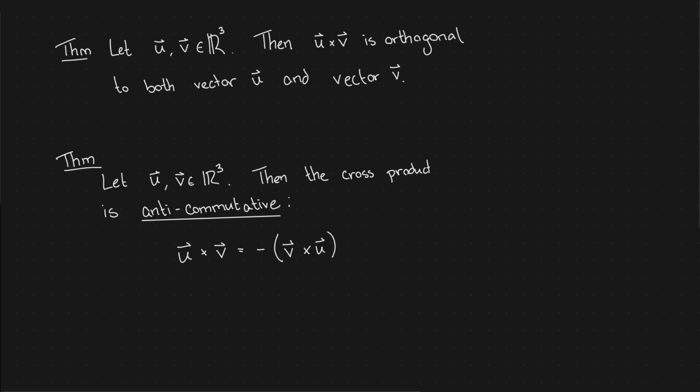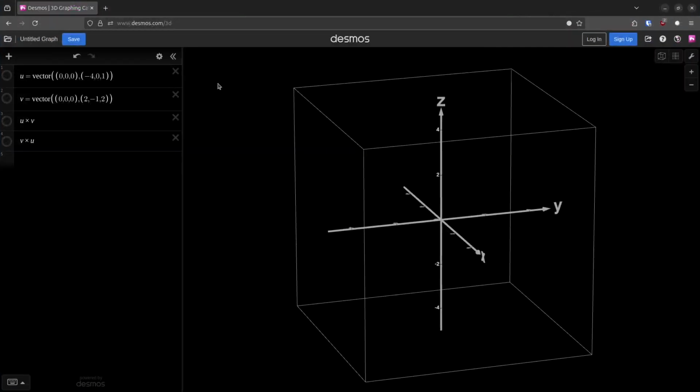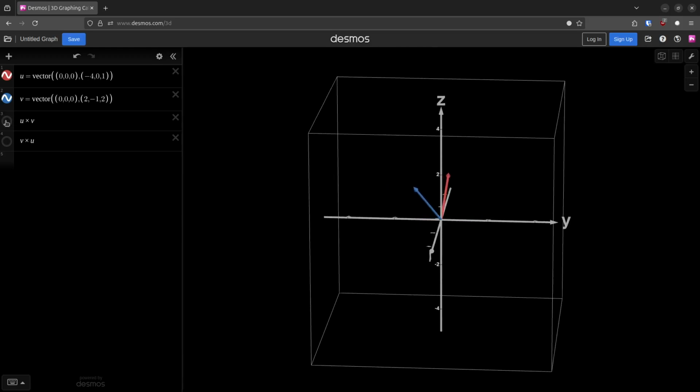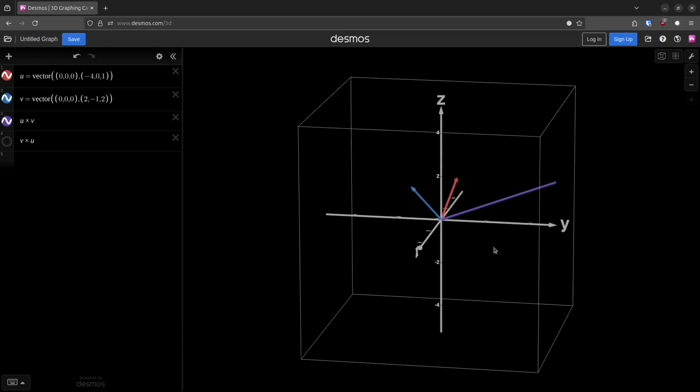And we can tell which direction a cross product will point using what's called the right-hand rule. Let me show you an example here. So if this is vector u and this is vector v, and this is vector u cross v.